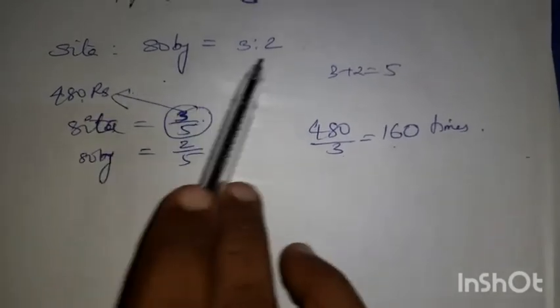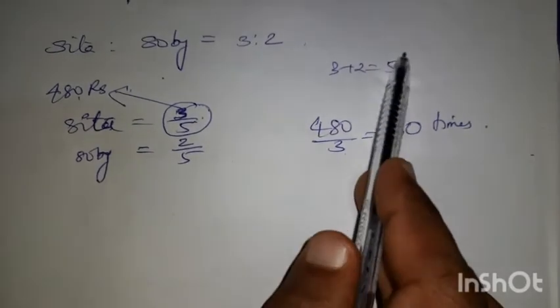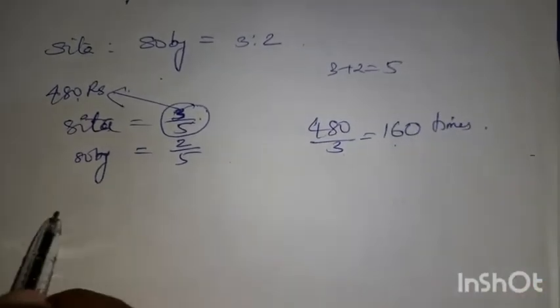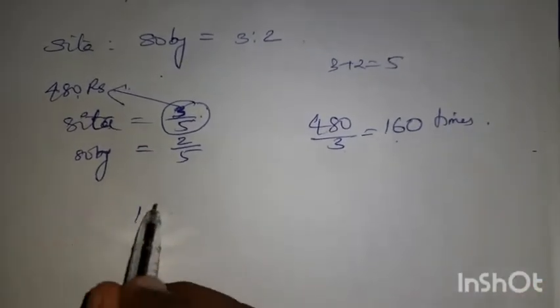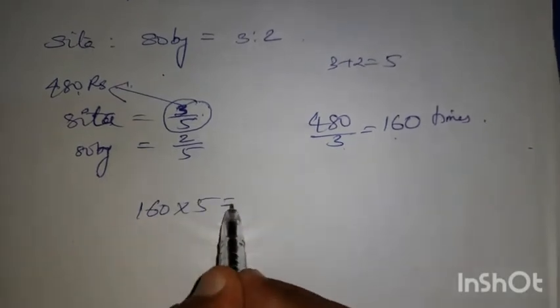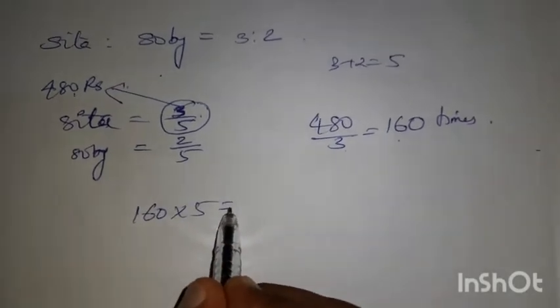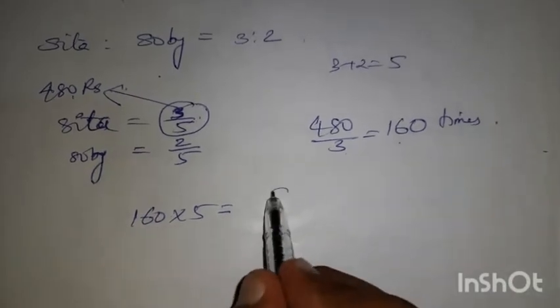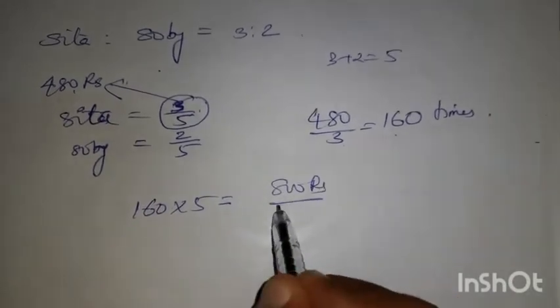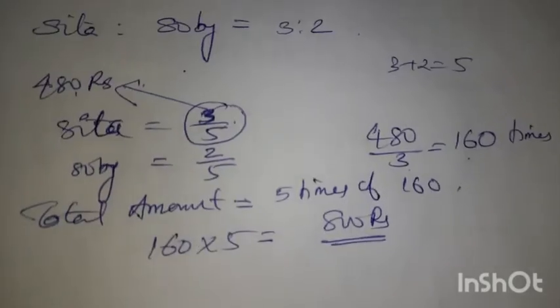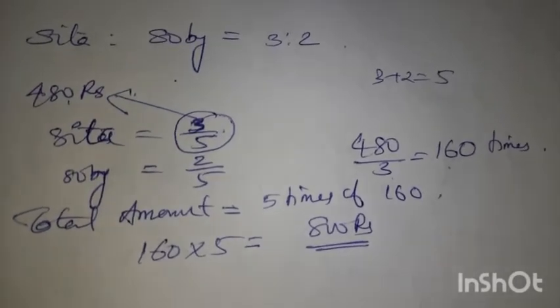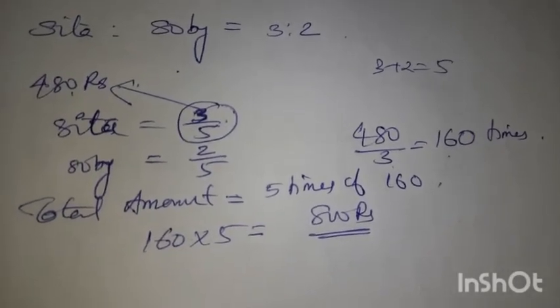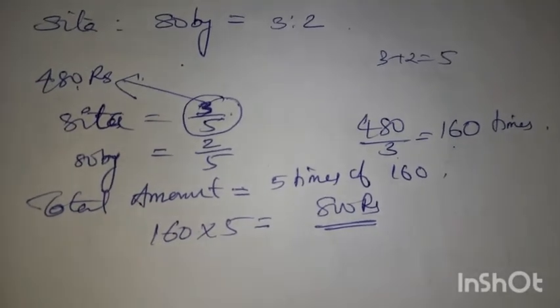So you can find out the total amount, the total parts is how much? 5. So 160 into 5 is the total amount, so you are getting 800 rupees. So the total amount they got is 800. Out of that 800, Sita got 3 parts. That 3 parts is 480.